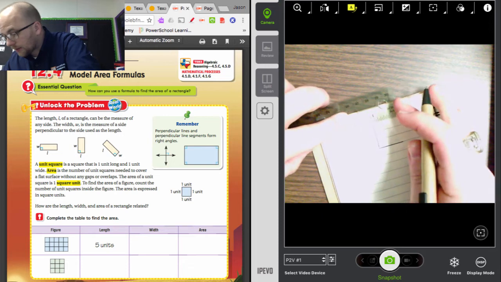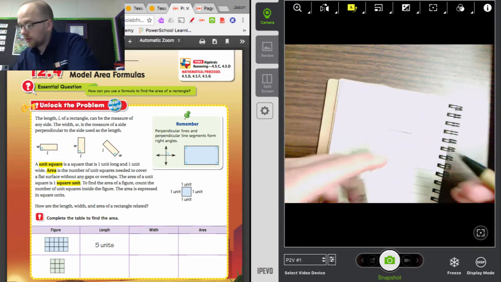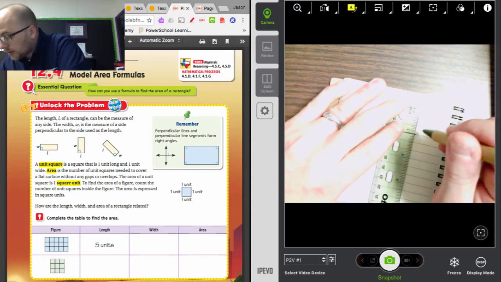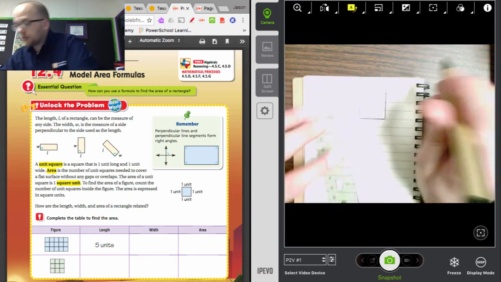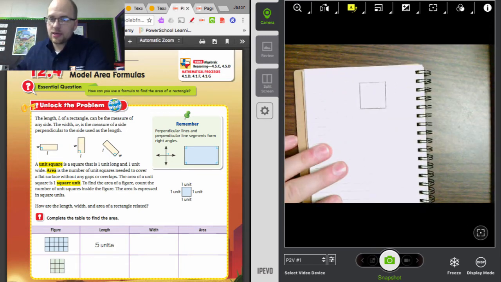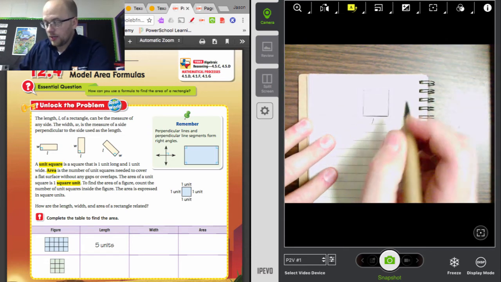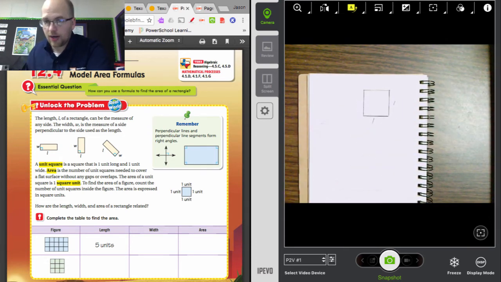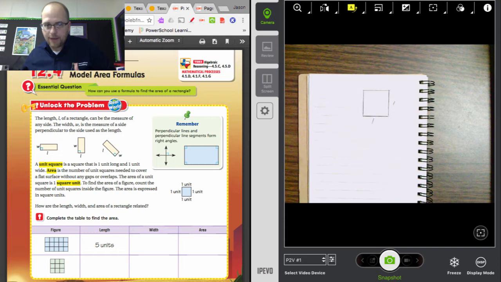Then I can come across here, make it an inch, and that is a square inch because it's just 1 inch times 1 inch, and that makes a square inch. Area is how many of these I can fit in a box, or I mean in a rectangle. So how would I figure that out?